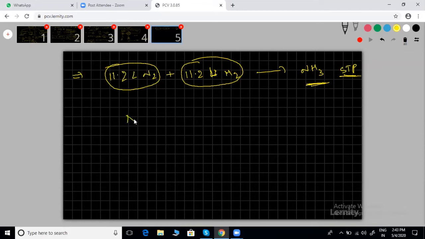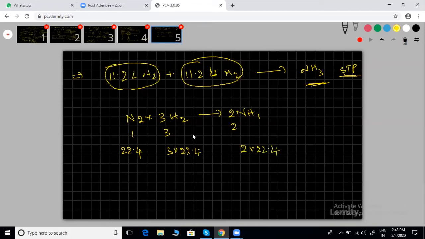First write the balanced equation: N2 plus 3H2 gives 2NH3. So this is 1 mole, 3 moles, 2 moles. I hope you know 1 mole means 22.4 liters. This requires 3 into 22.4 liters and will give 2 into 22.4 liters at STP.